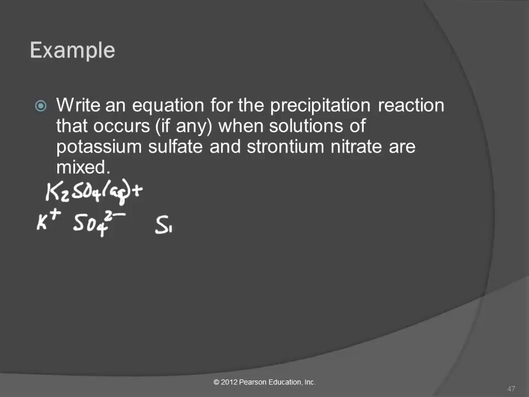Strontium is Sr, and that's in group 2A in the periodic table, so we know it has a 2+ charge. And nitrate we've seen before, and that's one we just memorized, NO3-. So plus 2, minus 1, do the crisscross thing, Sr(NO3)2, and we know that that's aqueous. Then we draw our arrow, and we swap partners.